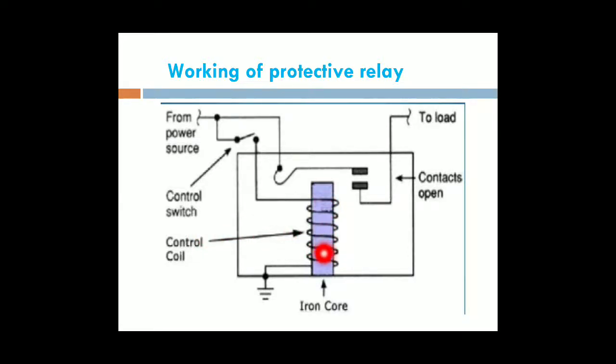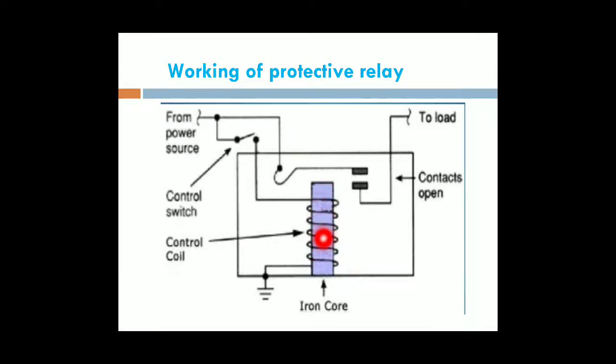This is the coil. This coil is energized when short circuit current flows through the relay coil that is connected to the current transformer. The input of this coil is given to the current transformer. When overcurrents flow, the relay coil is automatically energized.